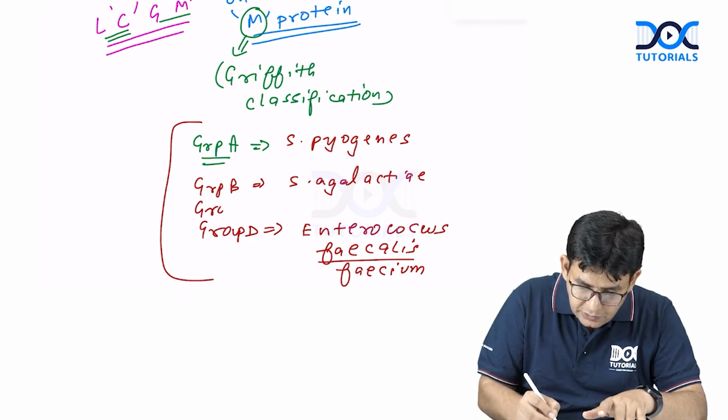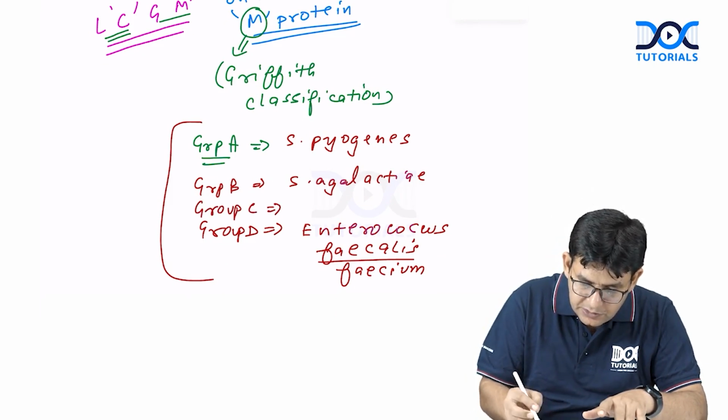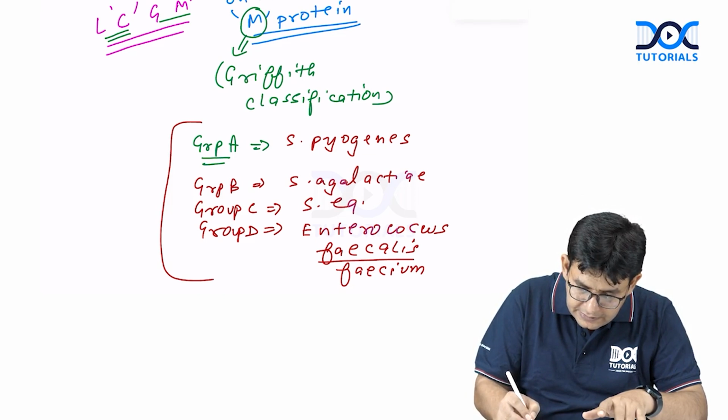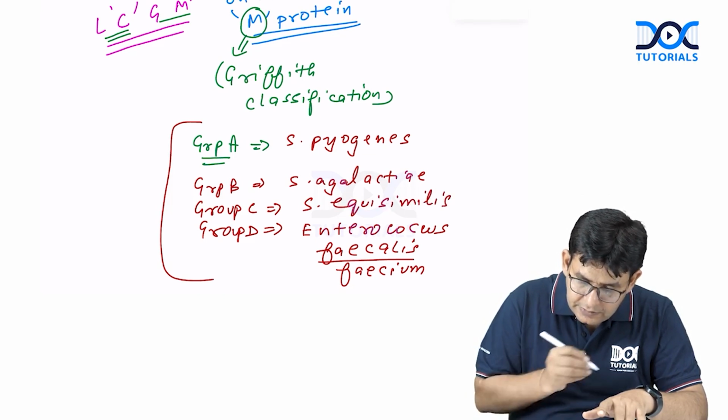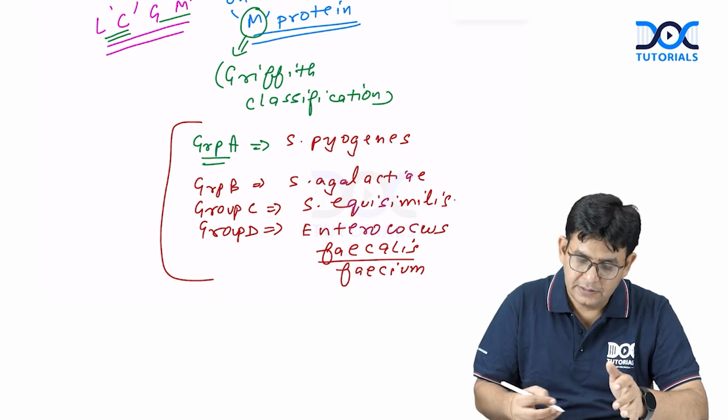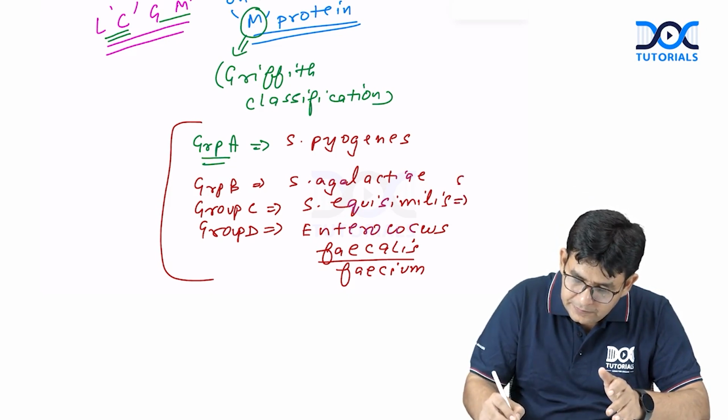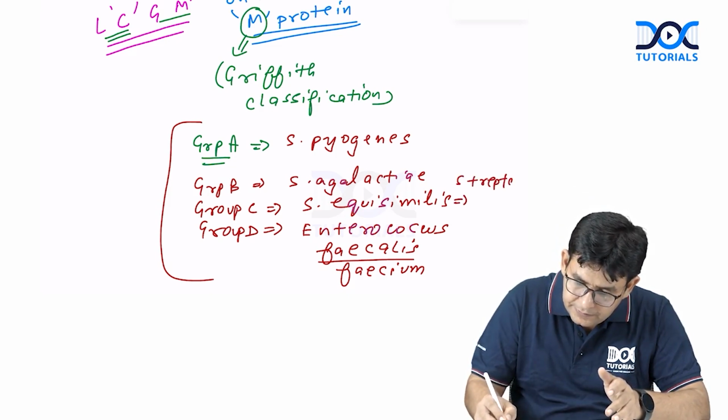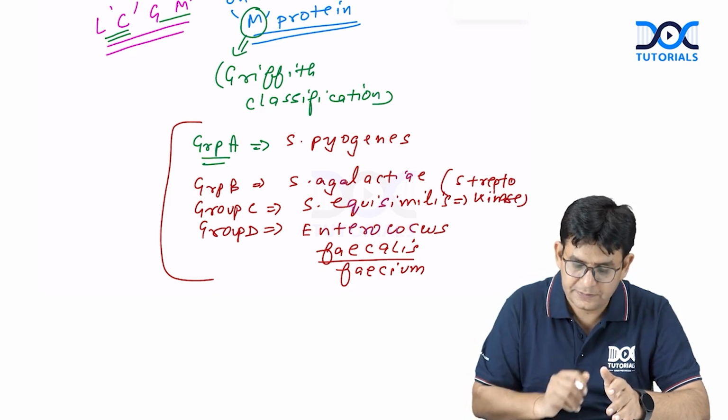And if you want to know what is in group C also, then it is Streptococcus equisimilis. That particular one generates a substance termed streptokinase.